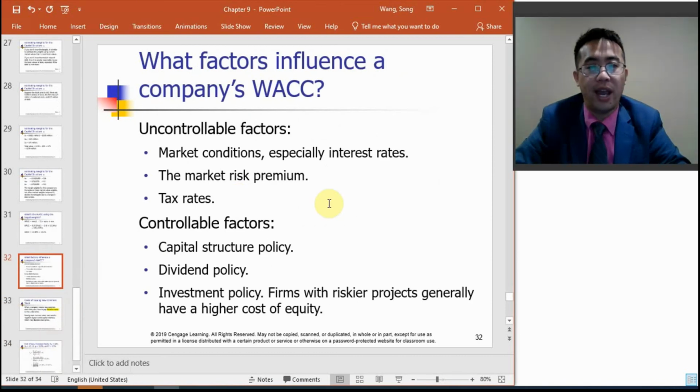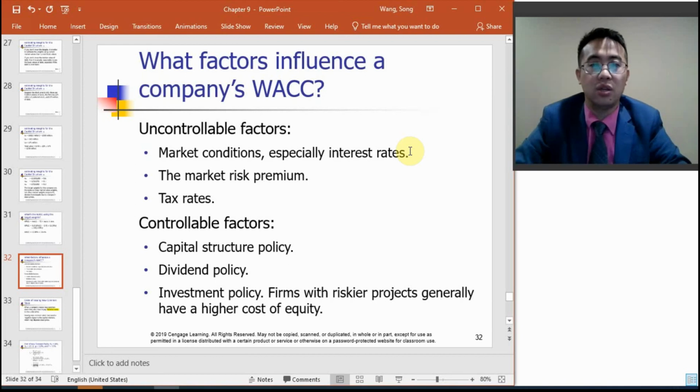And what will be the factors that affect the firm's cost of capital, affect the WACC? There are some uncontrollable factors to be affected by macroeconomic conditions. For example, the interest rate. Well, in Chapter 5, we learned that the bond yield, or the return to the bond, or the cost of debt in this chapter, is built on the basic interest rate.